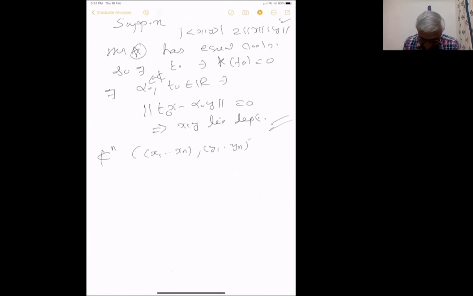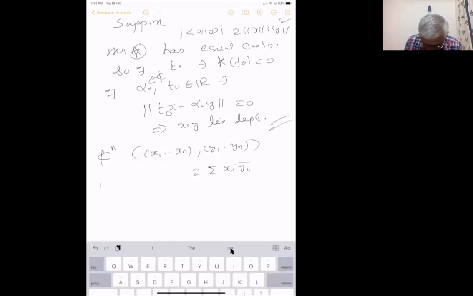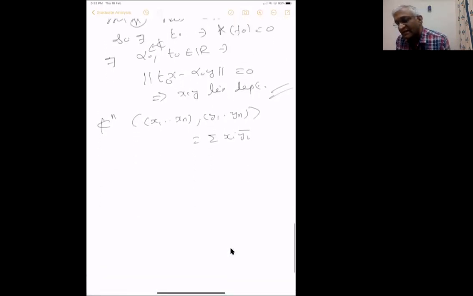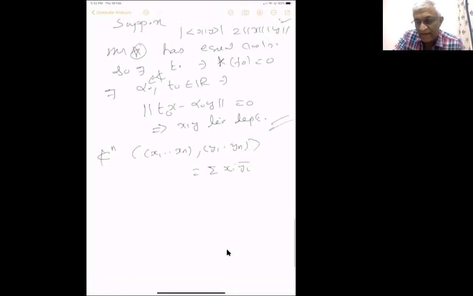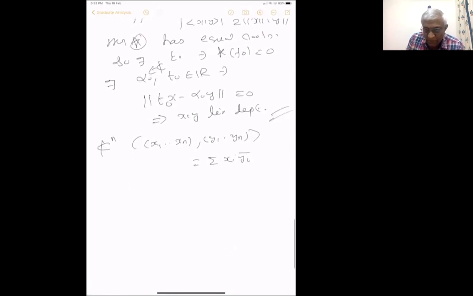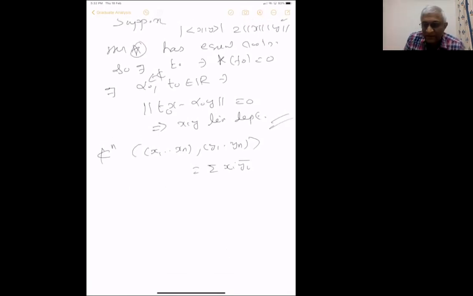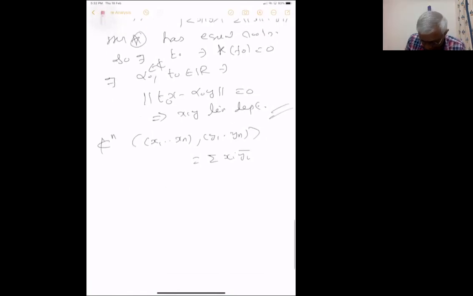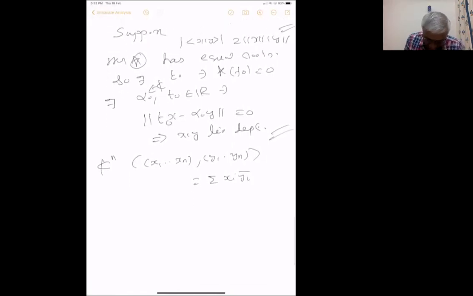Incidentally, in physics, they usually have the first variable conjugate linear and the second variable linear. But in mathematics, we are doing this. Actually, physicists are right, because when we generalize this theory later, we need the linearity in the first variable and the conjugate linearity in the second variable. But in all mathematics books, it's linear in the first variable, conjugate linear in the second variable. So we use that.